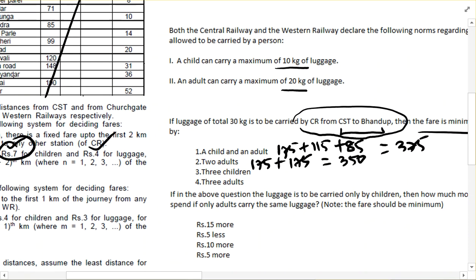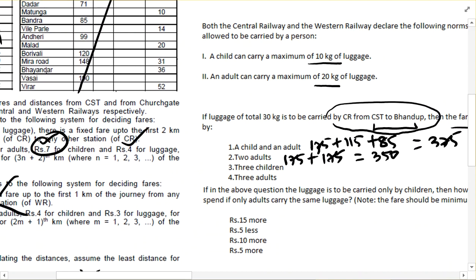Three children: every one of them will carry 10 kg of luggage, so no extra charge for luggage. 115 plus 115 plus 115 is 345. This is the minimum, so three children is the best option. And children pay 5 rupees less than adults.